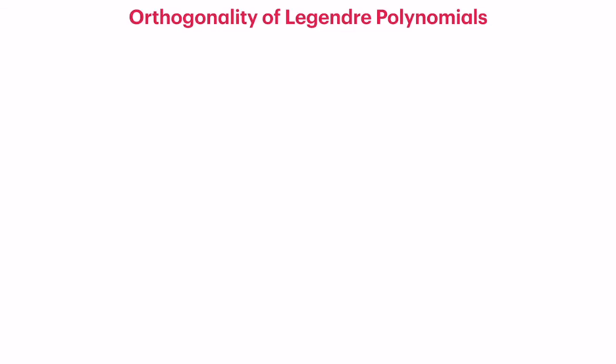Now, orthogonality of Legendre polynomials. Let us explicitly see what happens. So we have a differential equation: d by dx of 1 minus x square into dPL of x by dx plus L into L plus 1 PL of x.